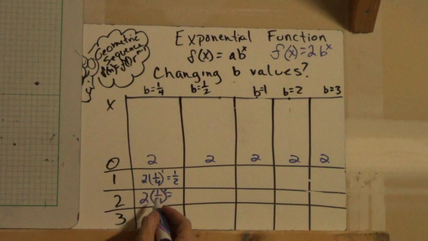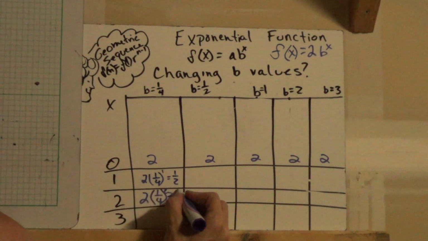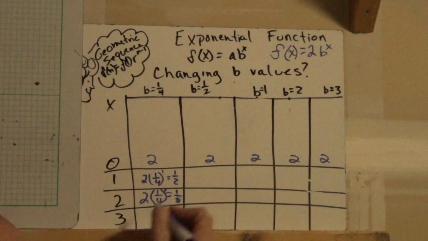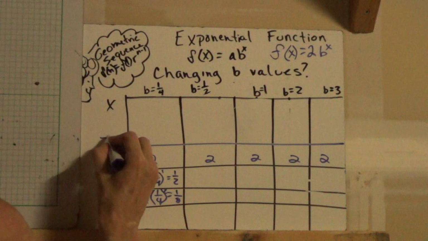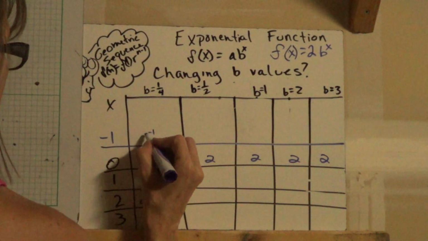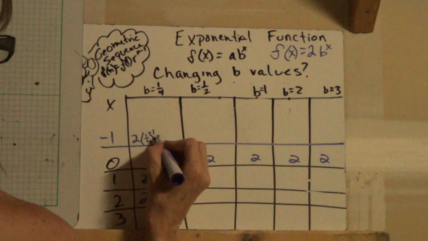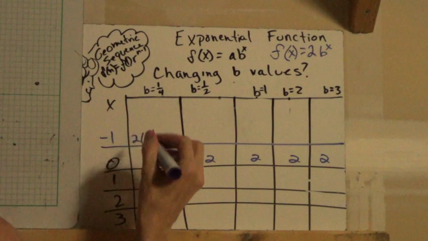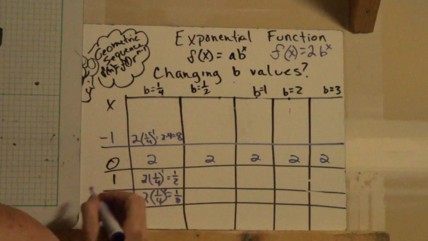That will end up being 4 squared is 16, so 2 over 16, which is 1/8. Let's go up into the negatives now. 1/4 to the -1 would actually flip over, and it would become 2 times 4. So that is 8.